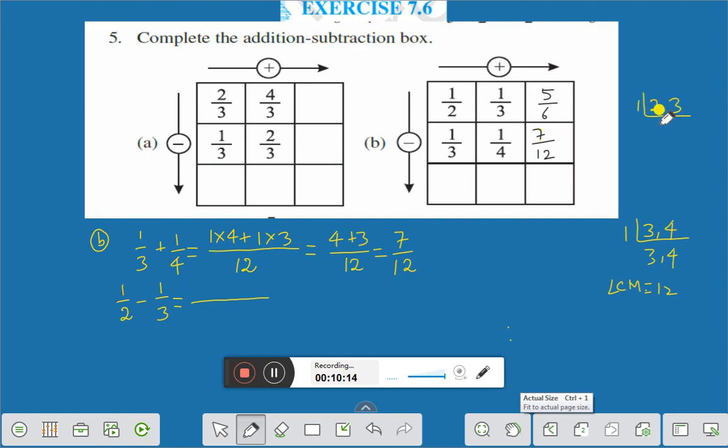It will divide by 1, 2 and 3, that is 6. 6 divided by 3, that is 2, 1 into 2, and 6 divided by 2, that is 3, 1 into 3. This is not plus, but this is minus.